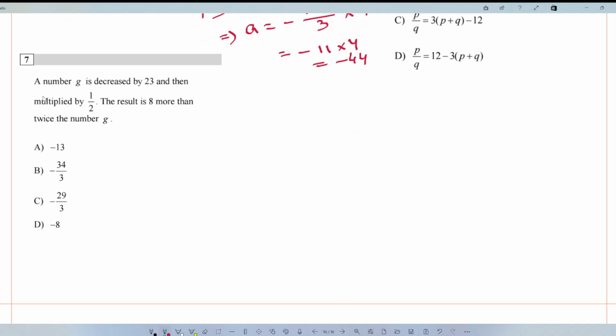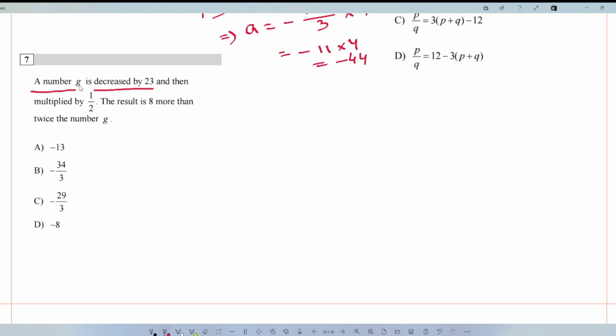Number 7. A number g is decreased by 23 and then multiplied by 1/2, the result is 8 more than twice the number g.